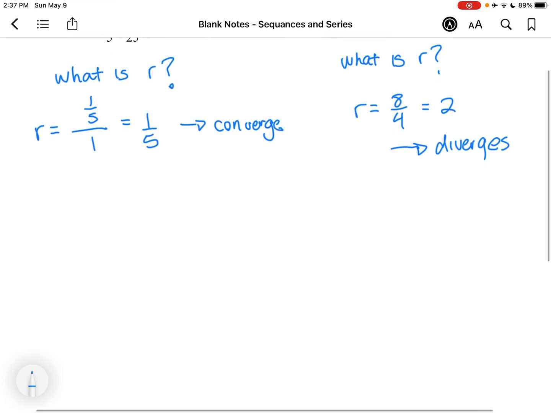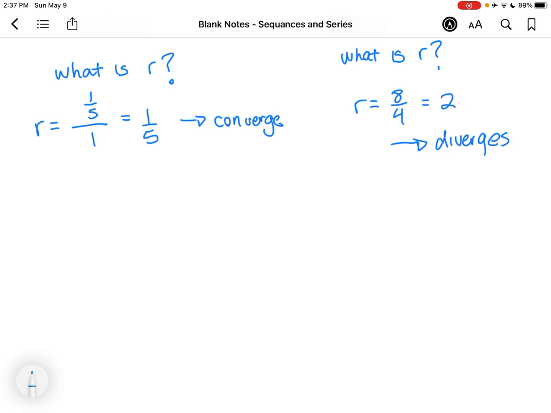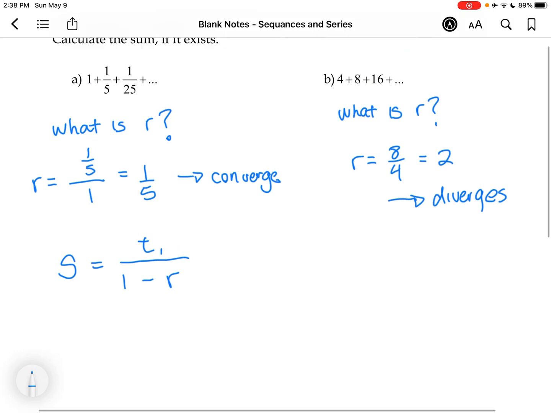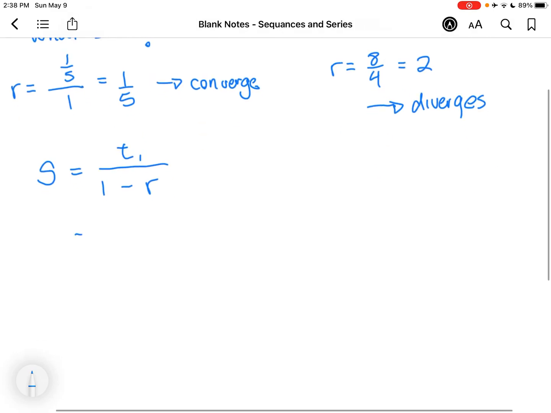Okay, for this one that converges, the sum is T1 over 1 minus r. And T1 in this case is 1. So that's 1 over 1 minus 1/5.